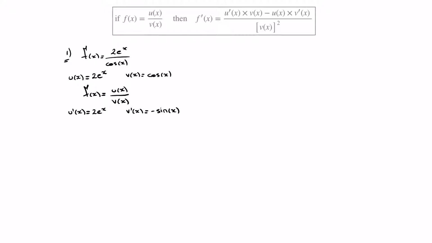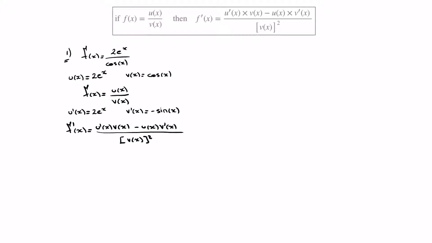So now that we've done all this, we can go ahead and use the quotient rule for differentiation and state that f dash of x equals u dash of x times v of x minus u of x times v dash of x, and all of this would be over v of x squared. So all we have to do now is replace all of these functions by their values.